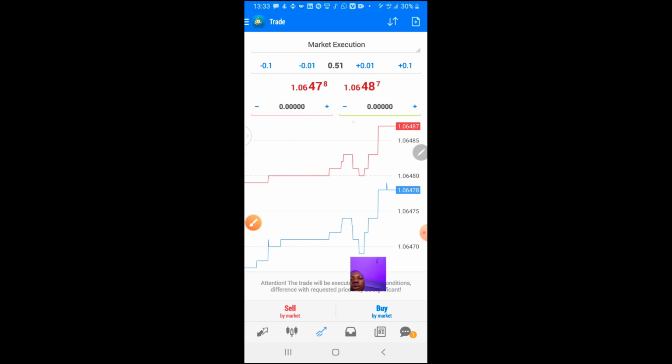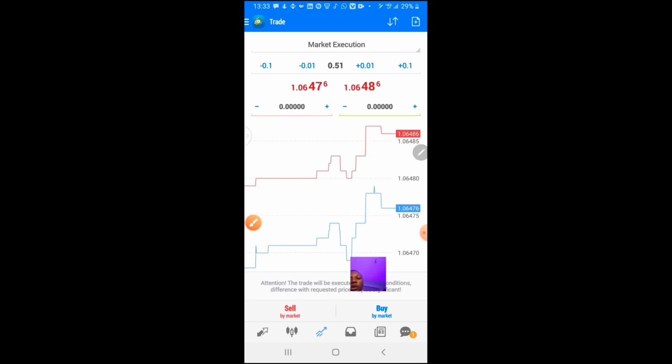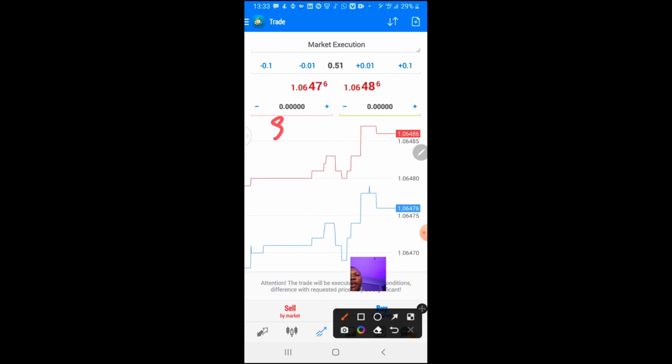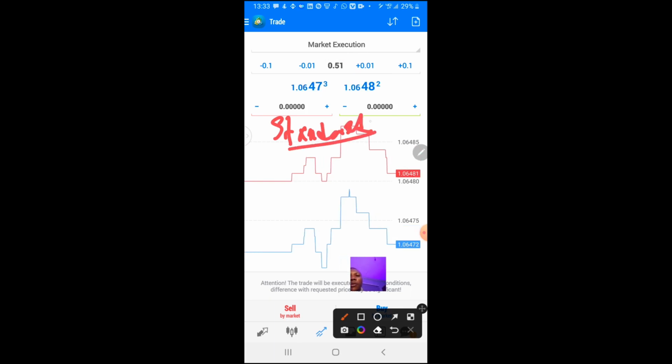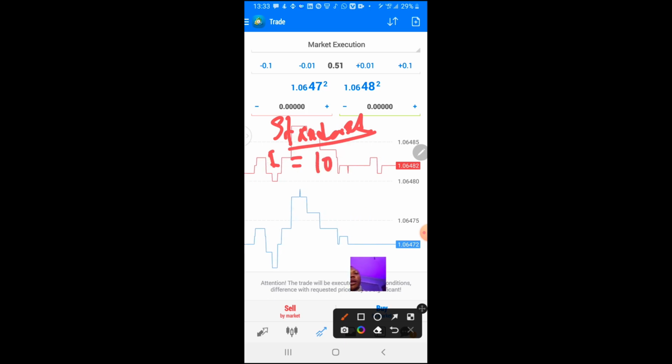Now let us go to the standard. So standard is always very easy to understand. Standard stands for 1. After 0.9, if you add 0.1 there, it will give you 1, right? So one lot size is equal to $10. If 0.9 was equal to $9, it means if you add 0.1 again, it will be equal to 10, right?